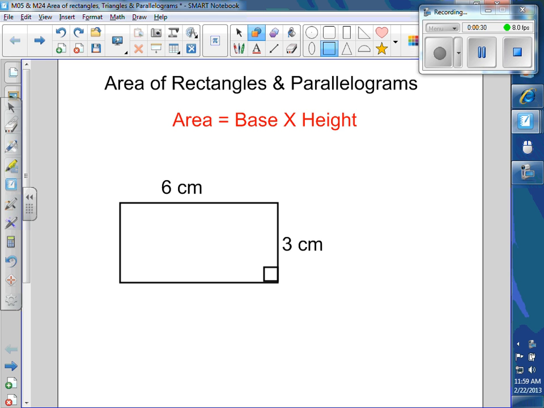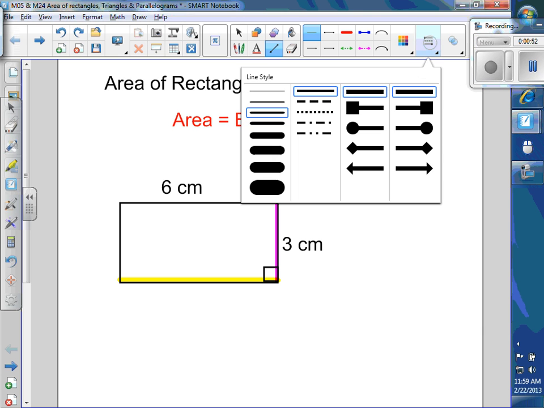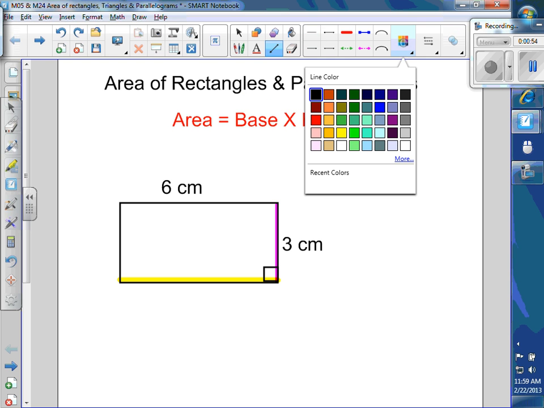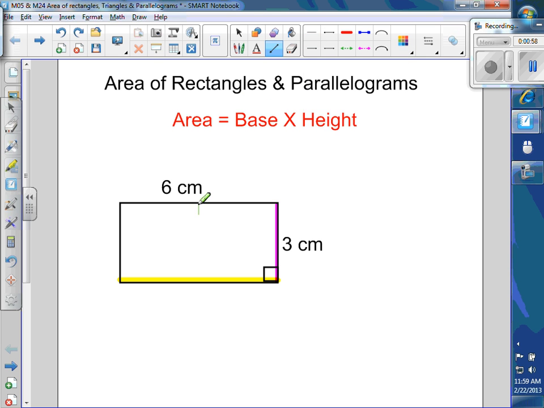So in other words, when you look at a rectangle, you have a base, and then you have the height, and the base and the height make a square angle. Because of that, your rectangle can be divided up into little squares, and we kind of estimate here.